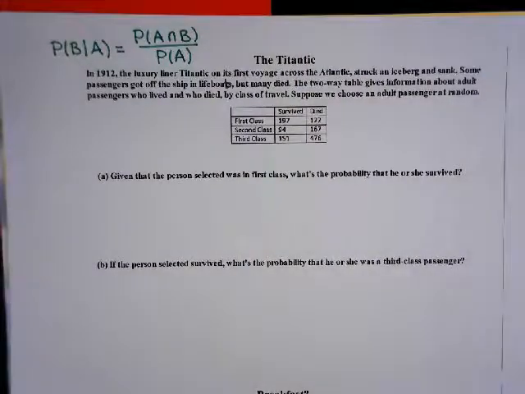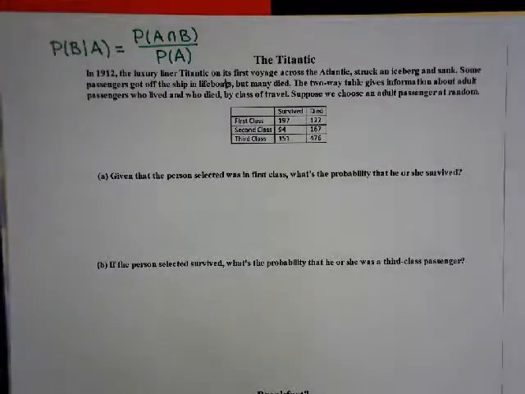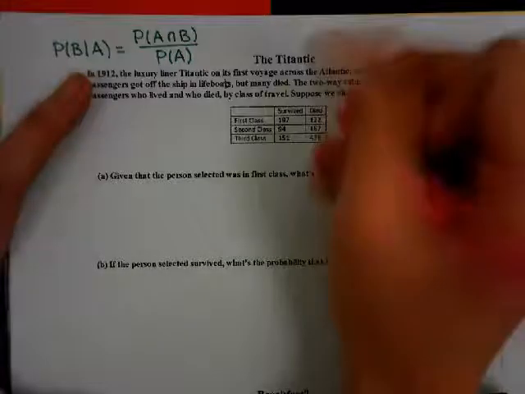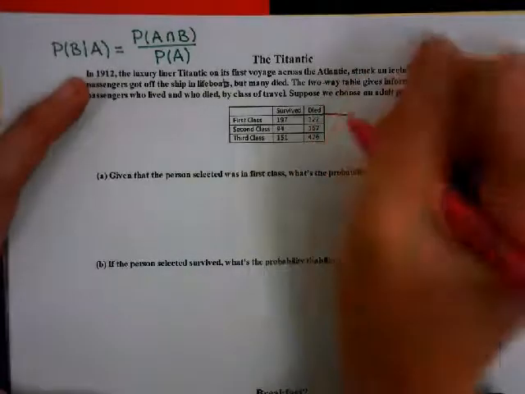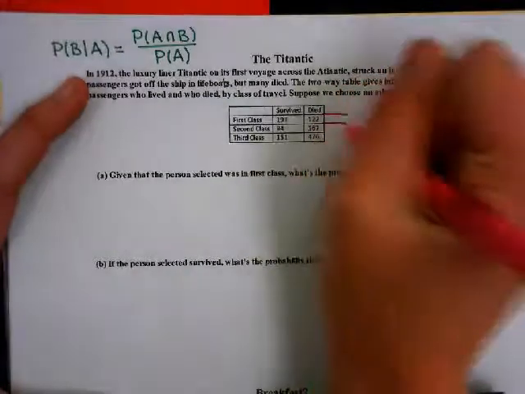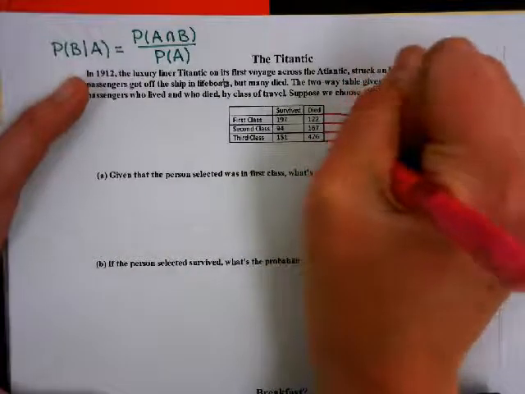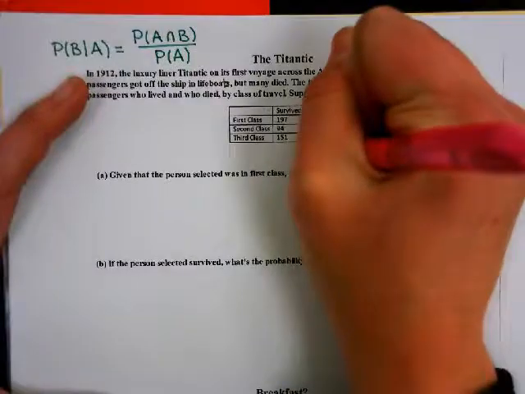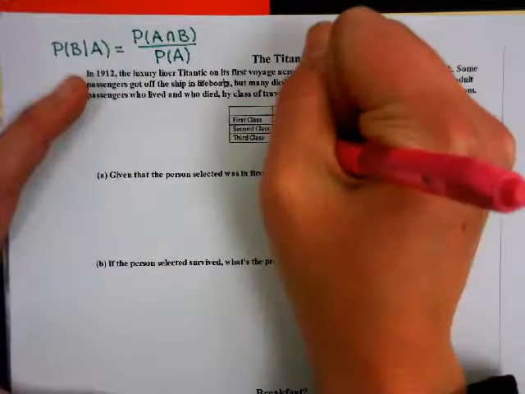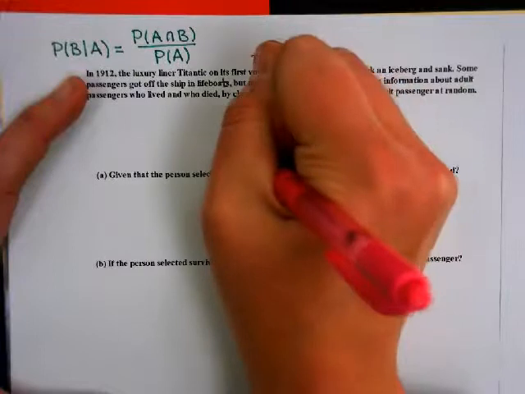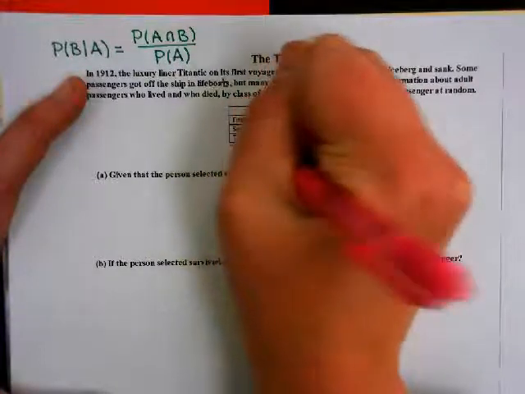I personally like to have my totals done first so I don't use the wrong pieces of information. So I'm going to add a total column and a total row. Total.